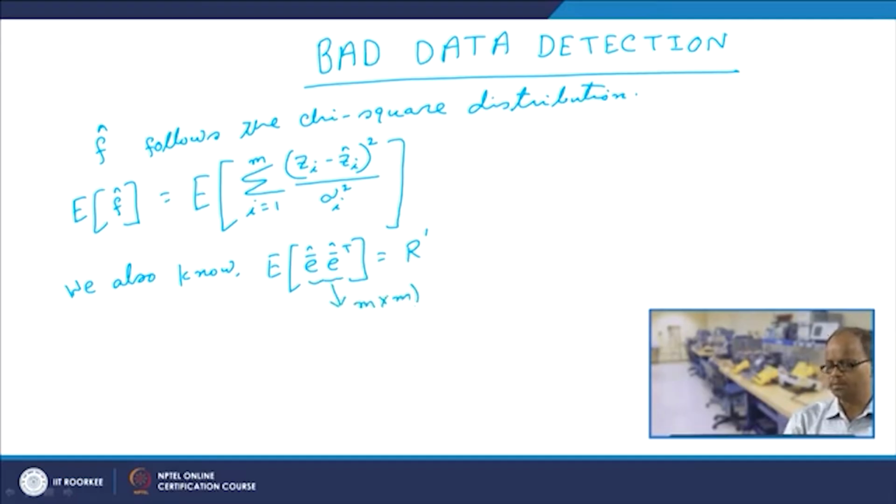So, this is a square matrix. And because it is a square matrix, all quantities E I hat square for all I equal to 1 to m are the diagonal elements.